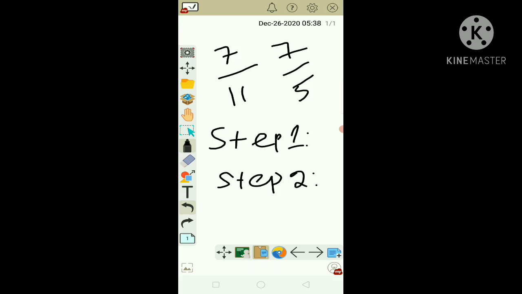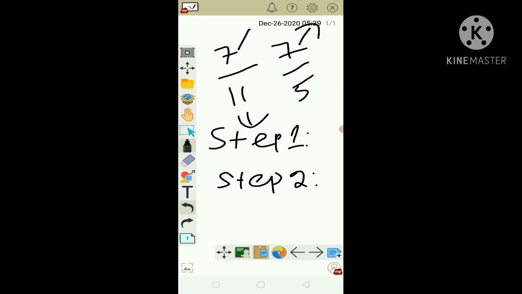It is a very important rule, so you don't forget, just remember what it means. 7 is the numerator, you know very well, and 11 is the denominator. Both numerators are the same, so as per that, when you compare, the smaller denominator is greater.